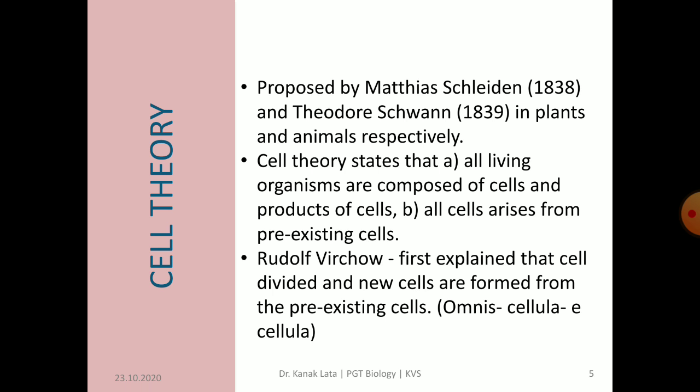Cells are the smallest entities that can be called living. All cells arise from pre-existing cells by cell division. Rudolf Virchow first explained that cells divide and new cells are formed from pre-existing cells, that is, Omnis cellula e cellula.